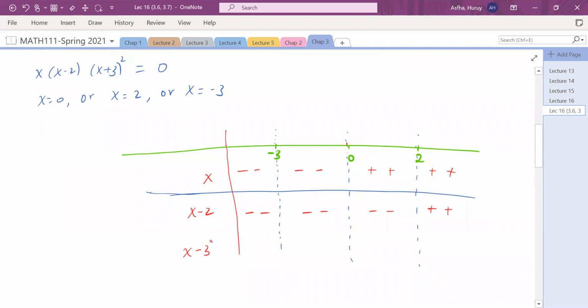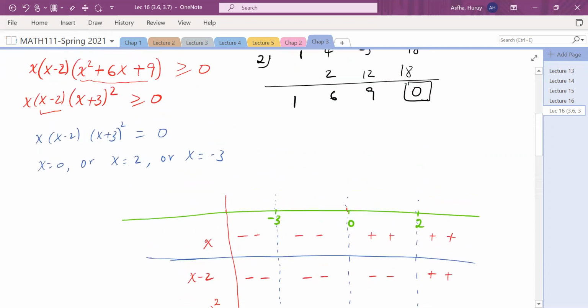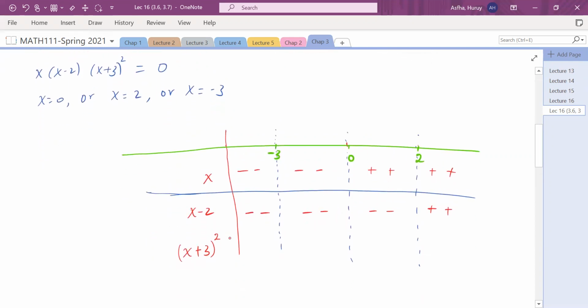x plus 3, in brackets, I'll put it squared. So x plus 3 becomes 0 at this point. So to the left of negative 3, well, since this is squared, it's always positive.